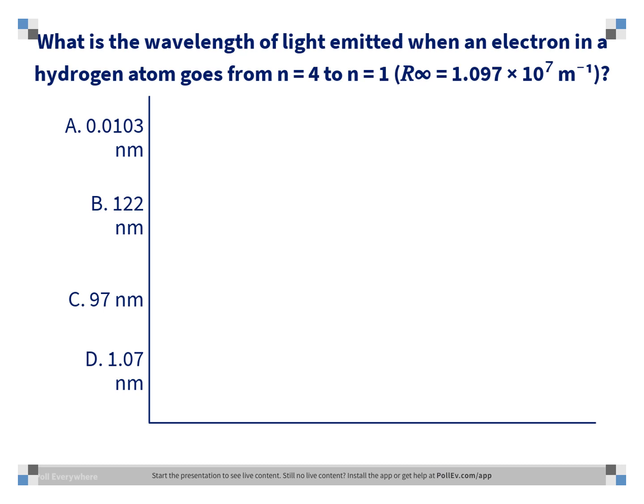We multiply the fraction by the Rydberg constant and come out with 10,284,375 meters to the minus 1 as 1 over wavelength. We take 1 over that number and get 9.7 times 10 to the minus 8 meters as our wavelength. Since all the answer choices are in nanometers, we convert to nanometers by dividing by 10 to the minus 9 and come out with 97 nanometers.